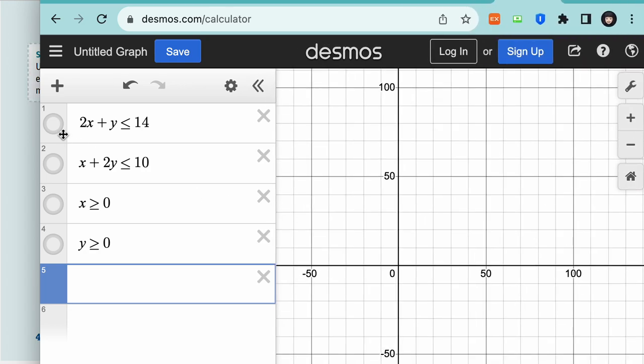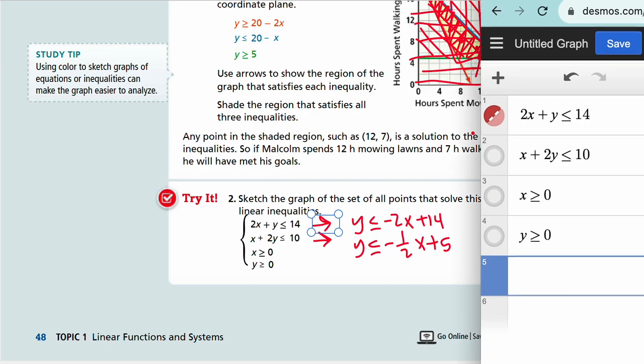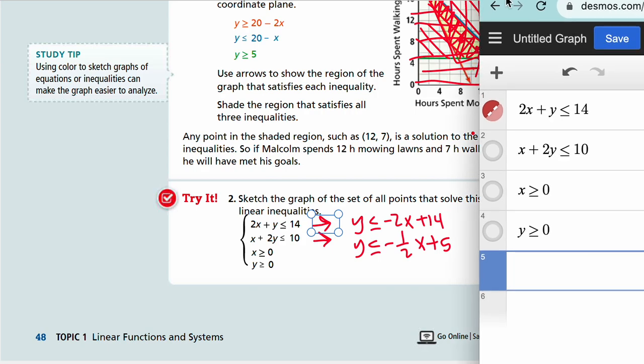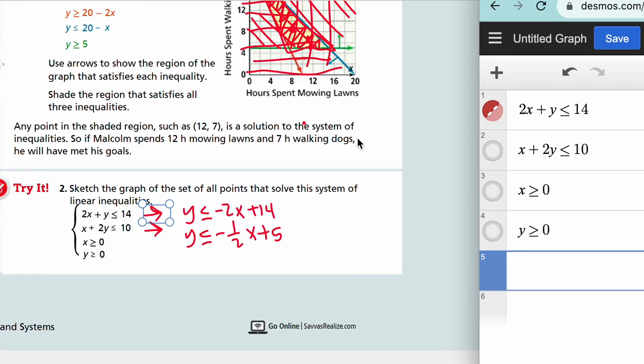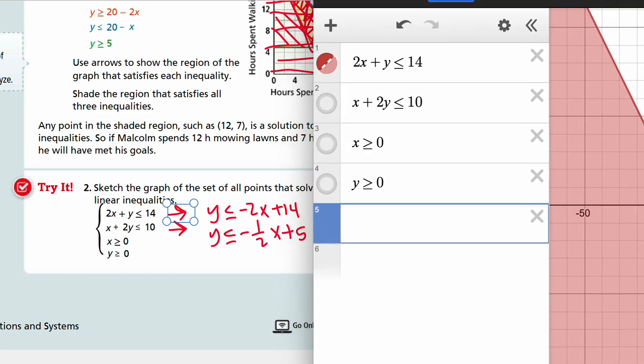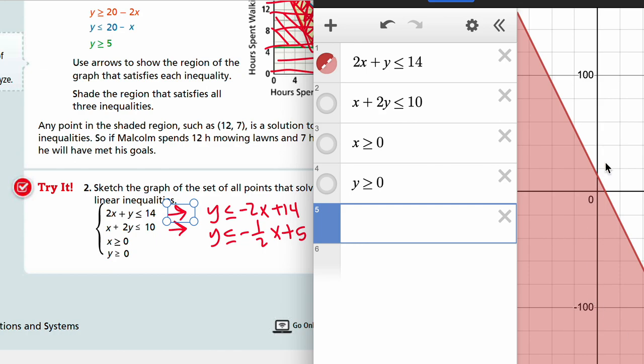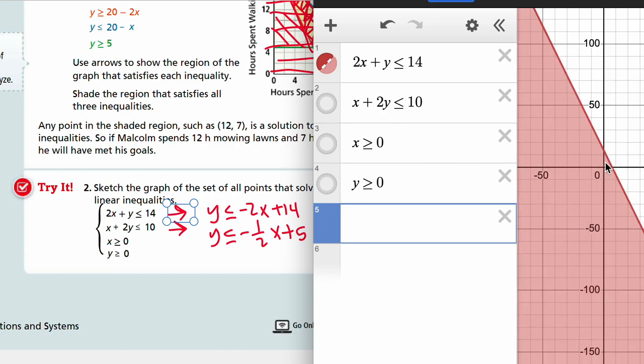So we can check using graphing technology. So 2x plus y less than or equal to 14. Like I said, you have to solve for the slope-intercept form first, so you know how to graph them. So you have 14 as your y-intercept, and then negative 2x.